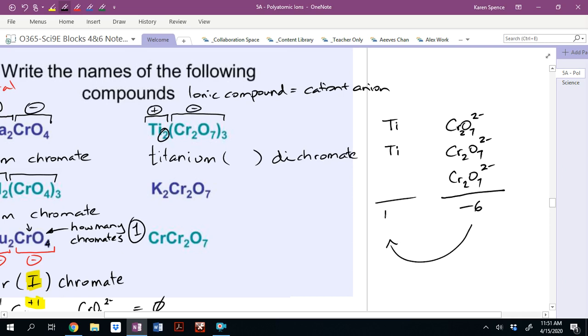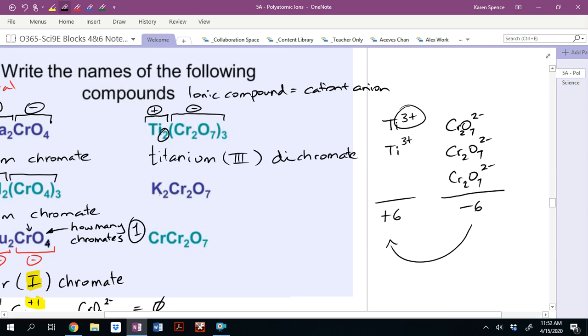So positive charge will be +6. Now remember, I need to have 2 things add up to +6. So each of these will be 3+. So that means that I'm going to have titanium(III) dichromate. Okay.